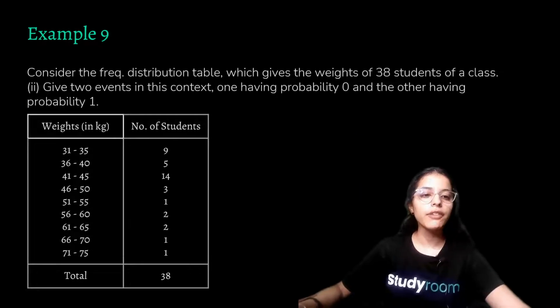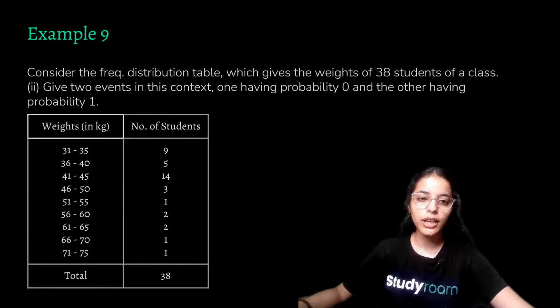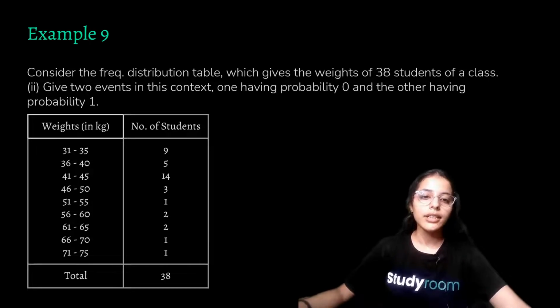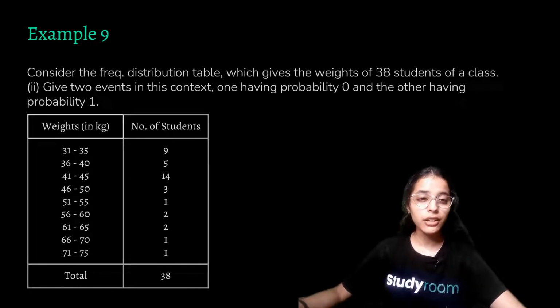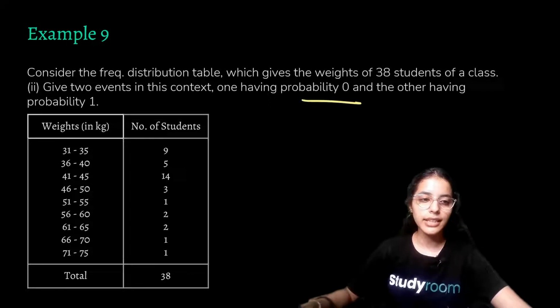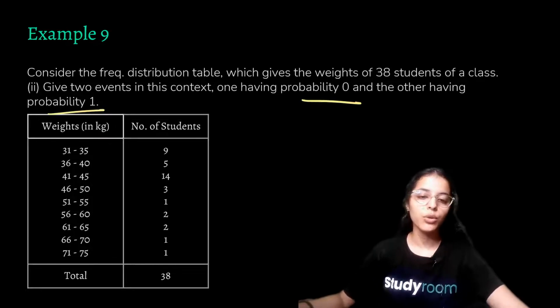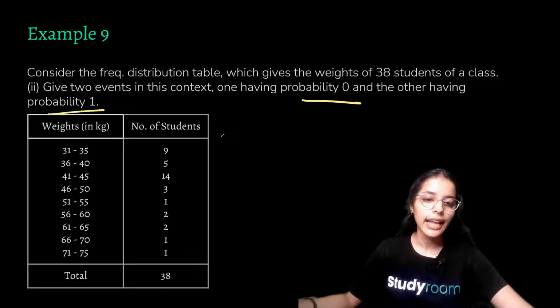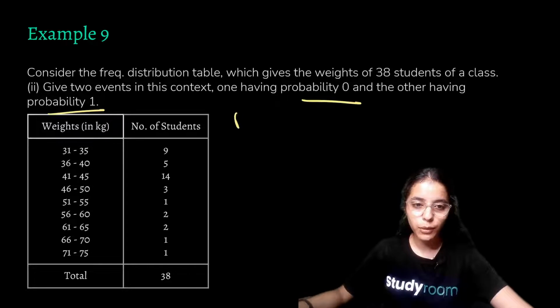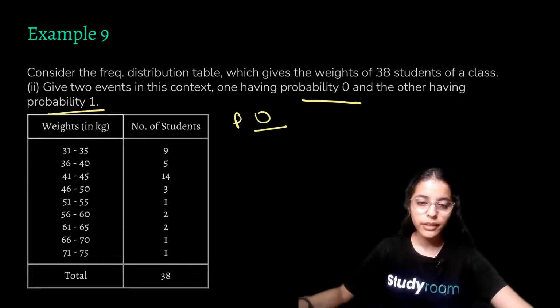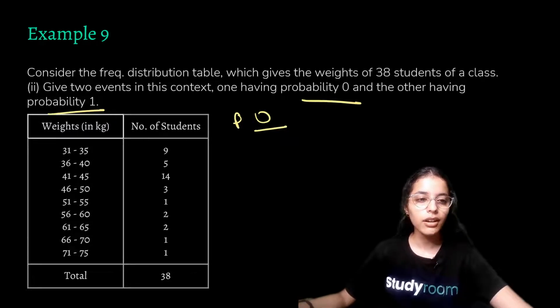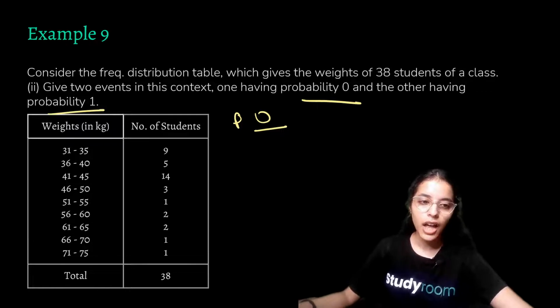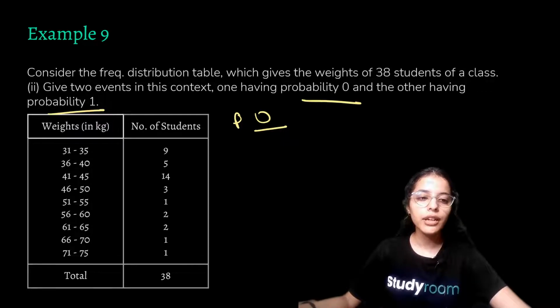Now in this context, we have to give an event that has probability 0 and another event that has probability 1. So first our event for probability 0. Now let us find out the probability for 0. Say we have to find the probability of the number of students that have weight less than 30.